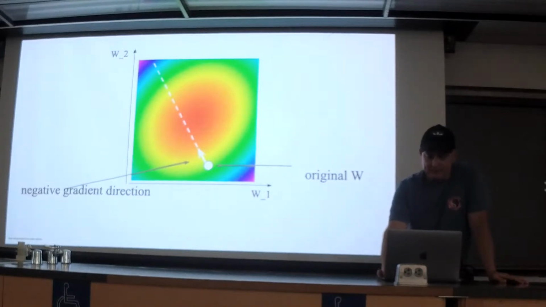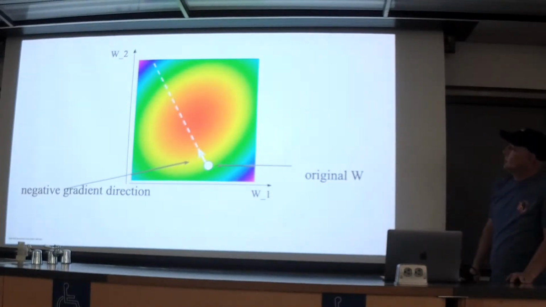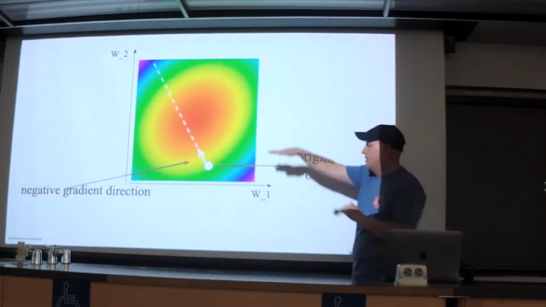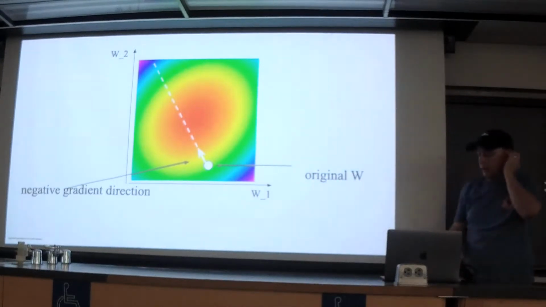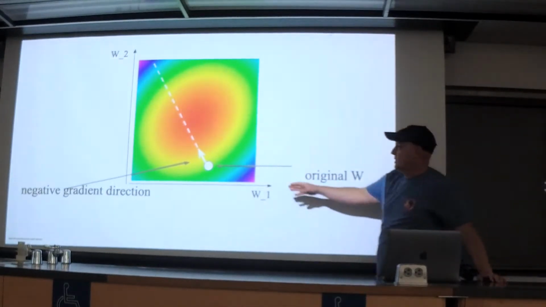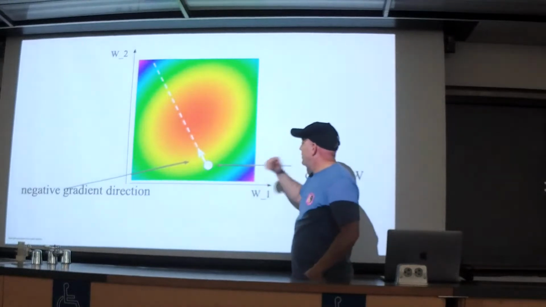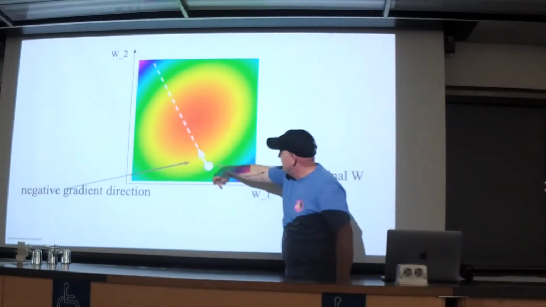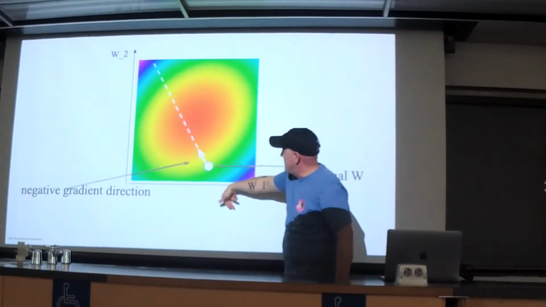Before we get to problems, what does this look like? This is a heat map of some kind of very simple surface, where the redder it gets, the lower the value of our loss function. If we're here and we compute our gradient, we ought to be pointing in the direction of greatest increase, which would be something like this.